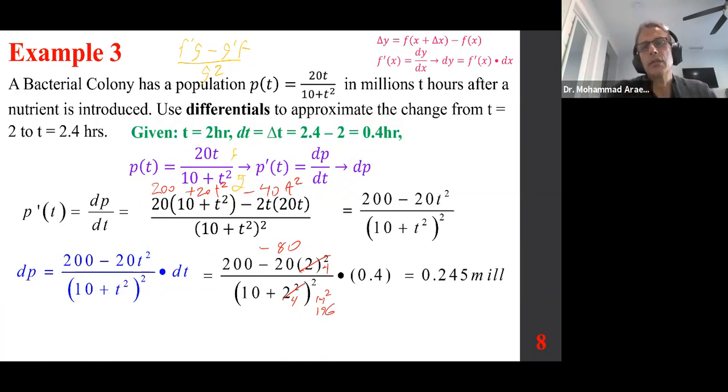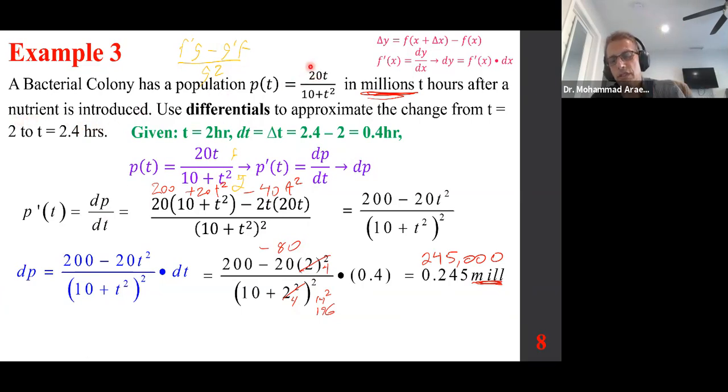And because it's in millions, that means this one is the same as 245,000. Now, if I were to come up with the exact, I would plug in 2.4 and then I would plug in 2.